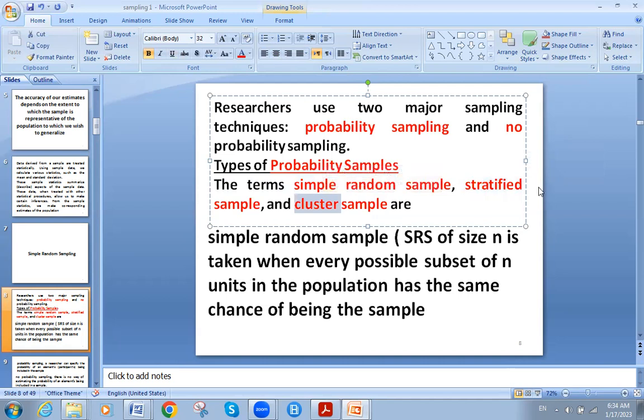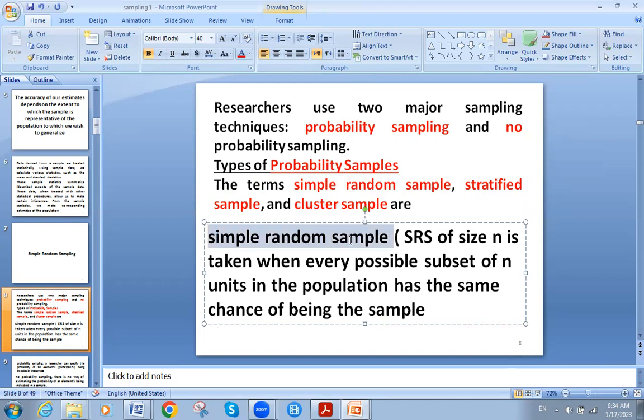Let's go first to the simple random sample. A simple random sample of size n is taken when every possible subset of n units in the population has the same chance of being the sample. So this depends on the probability distribution, and it gives equal chances for all the units to represent the whole population.